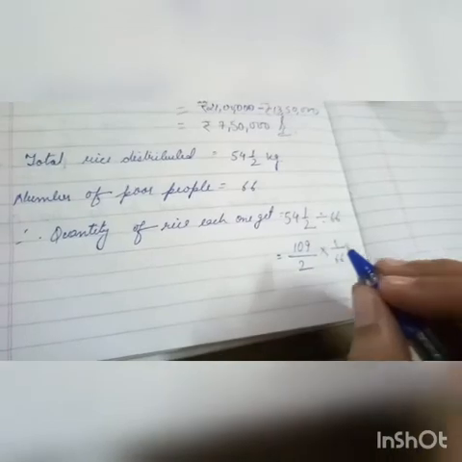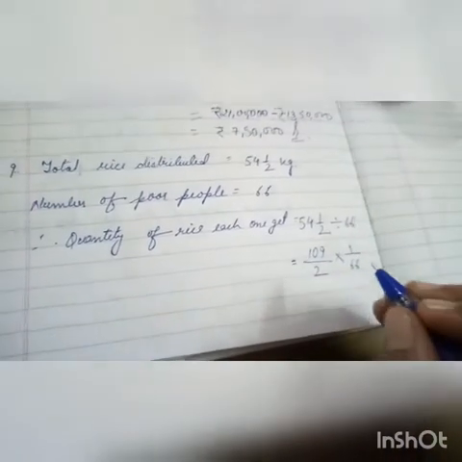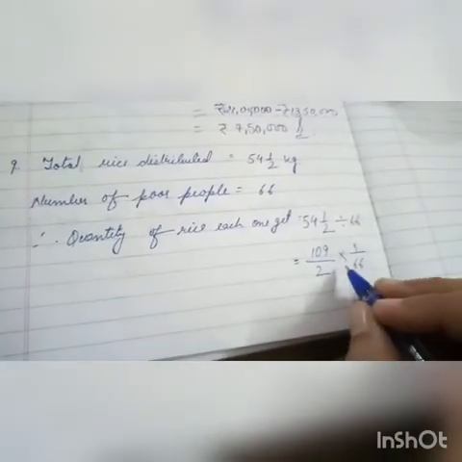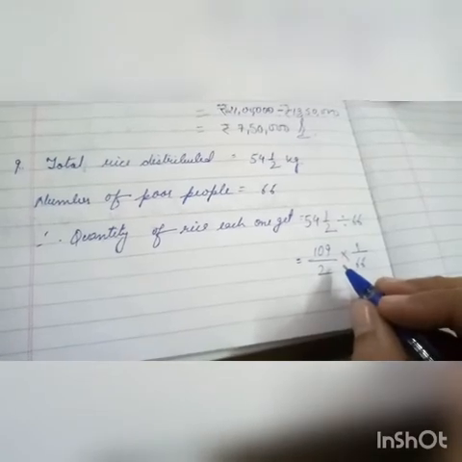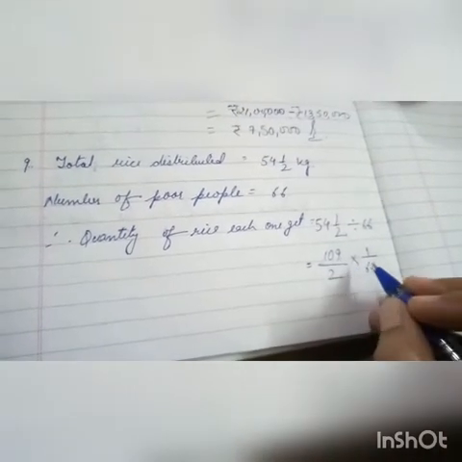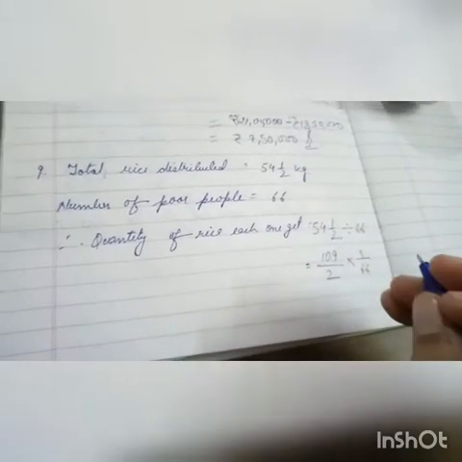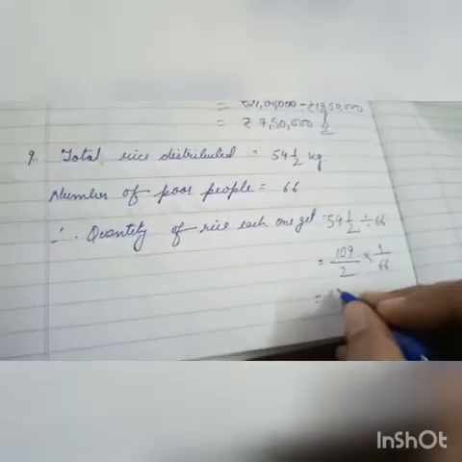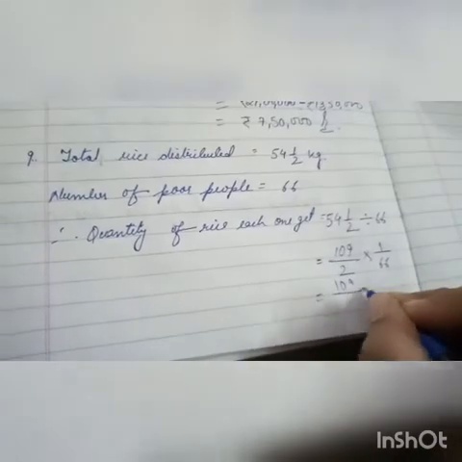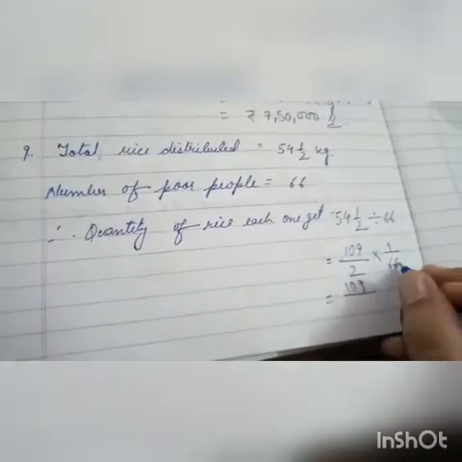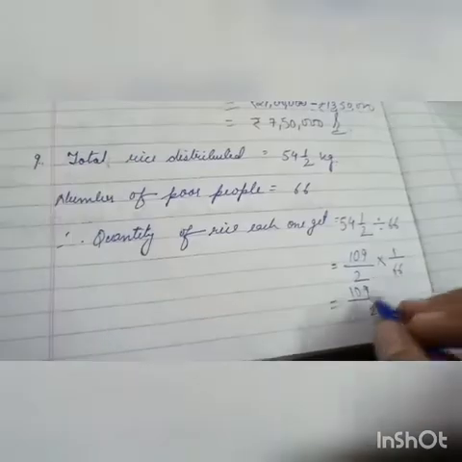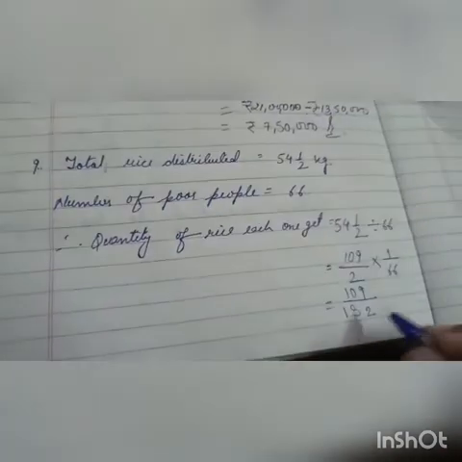Now make it into the smallest term if possible, but it is not possible, I think. See, we can't make it more lowest term. So what we have to do, 109 divided by 2 6s are 12, 1, 2 6s are 12 plus 1, 13.